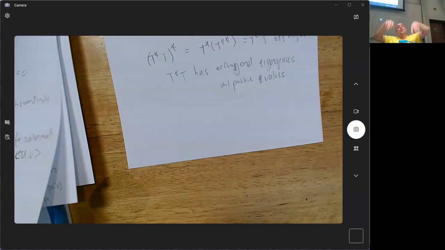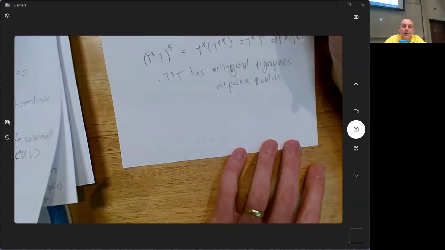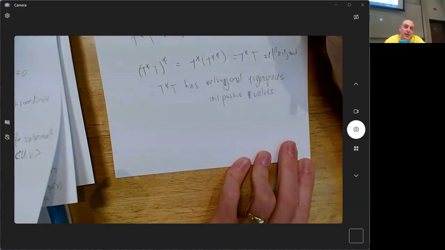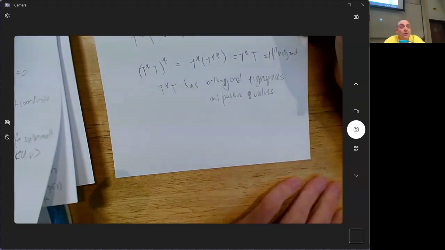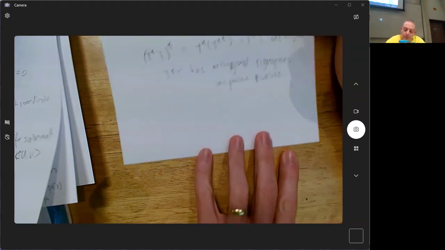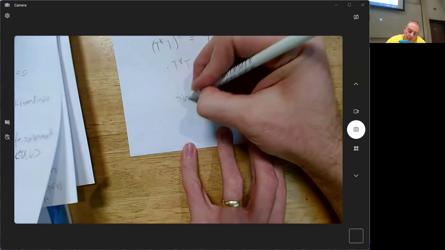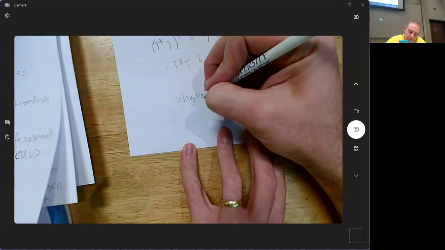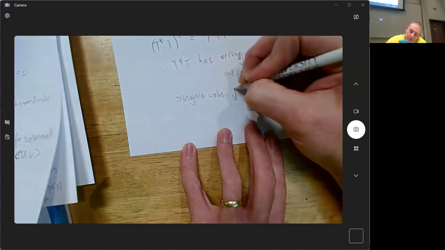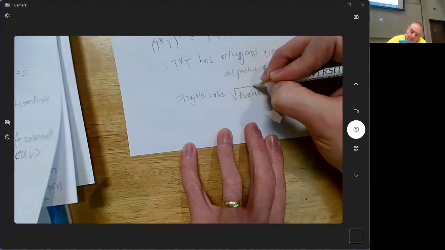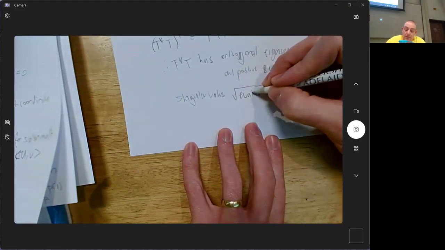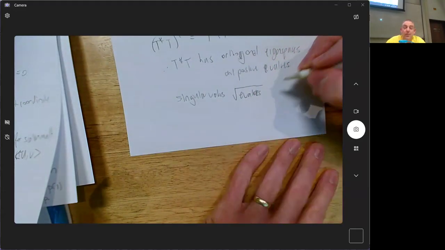Because it'll have all the eigenvalues that it needs to have, and all the missing ones will be zero. It'll be grand. Yeah, and so singular values are basically the square root of eigenvalues, included via multiplicity.